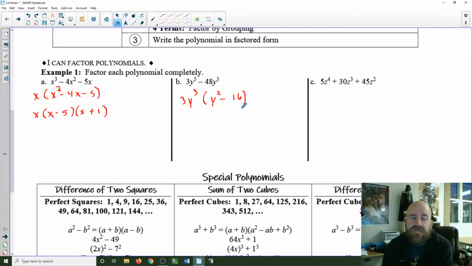We know that's a difference of 2 squares, or we can think factors of -16 that add up to 0. We get y plus 4 and y minus 4.